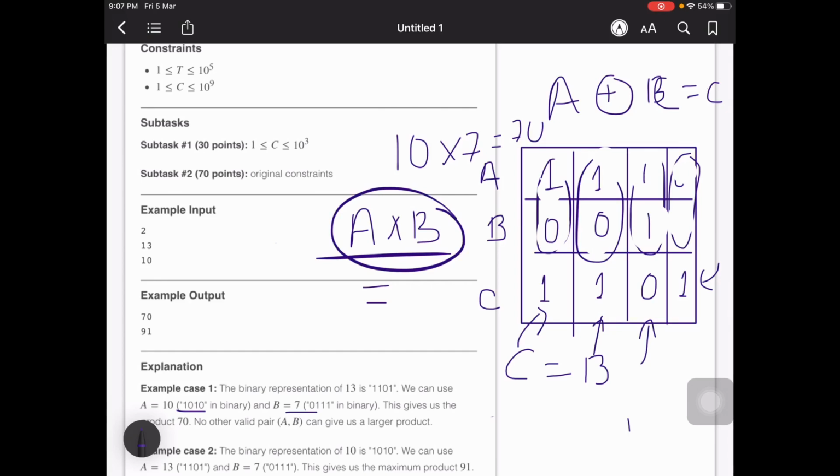We choose 1 and 1, and here again 1 and 0. Now 1111 is actually 15 and 0010 is 2. So 15 into 2 is 30. This is not the maximum, yet it satisfies the condition a XOR b is equal to c. So we have to find the maximum of a and b.